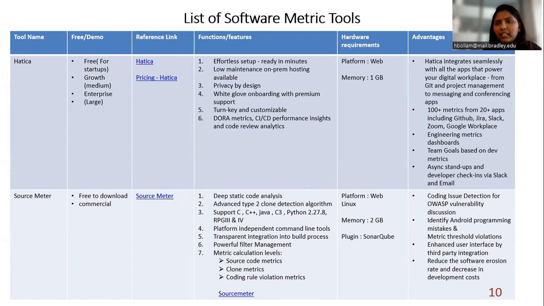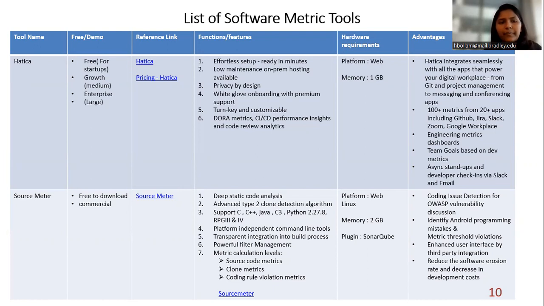Hatica provides 100 plus metrics from 20 plus apps, including GitHub, Jira, Slack, Zoom, Google Workspace, etc. It also integrates with many other apps, from Git to project management. It also provides team goals based on the development metrics, and it supports engineering metrics dashboards.